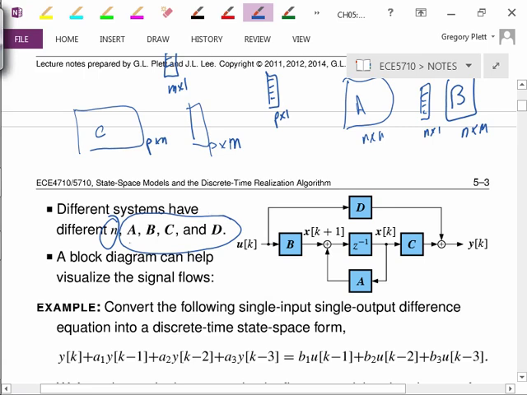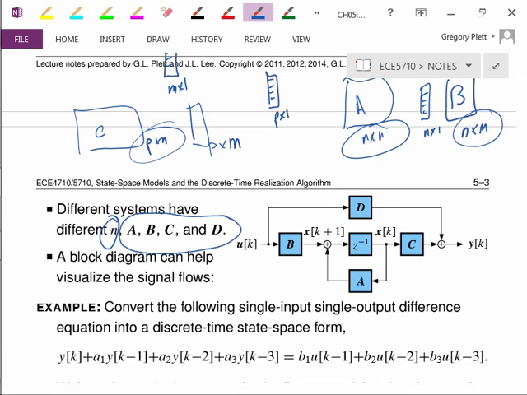I can infer, as we saw with our dimensioning of our A, B, C, and D matrices, if I am given an A matrix, I know n. If I'm given a B matrix, I know m. And if I'm given a C or a D matrix, I know p. So really, these different dimensions are a bit redundant. If I know the A, B, C, and D, I also know the dimensions of the inputs and the outputs and the internals. So really, the only difference between different state space systems is different A, B, C, D matrices.